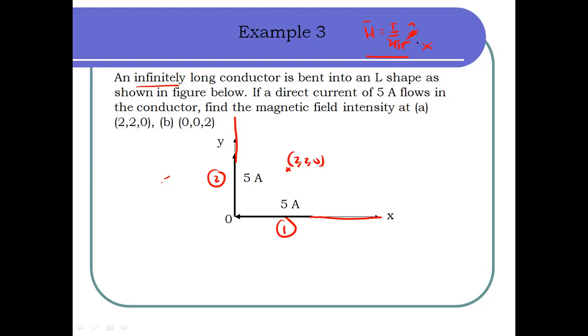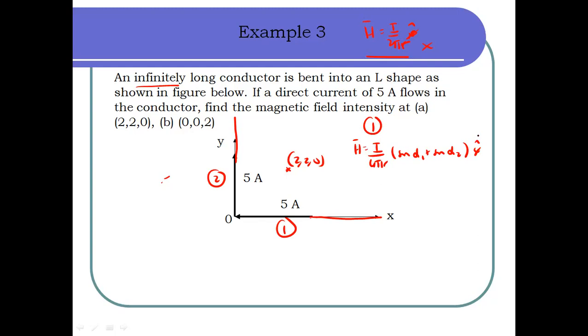Instead, we need to separate it into two sections, so we can consider each section as a case of a finite length of line current. Let's consider line current number 1. The H field will be calculated as I over 4 pi r times the sine of alpha 1 plus the sine of alpha 2, in the direction of phi.